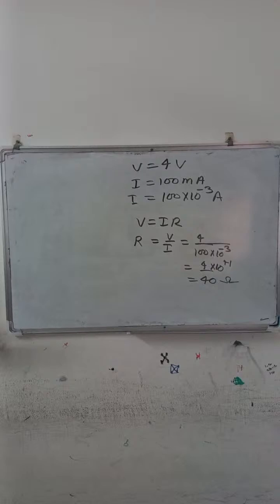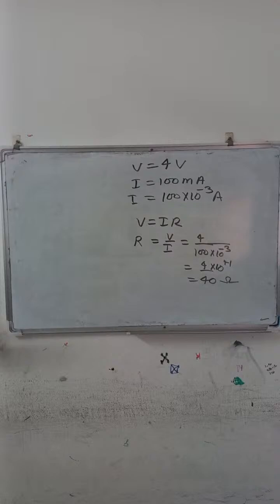Options are given. A 2 ohm, B 1 ohm, C 2.5 ohm, D 1.8 ohm. I'll repeat this. The maximum resistance which can be made using 4 resistors, each of resistance 1 by 2 ohm is A 2 ohm, B 1 ohm, 2.5 ohm and last is 8 ohm.